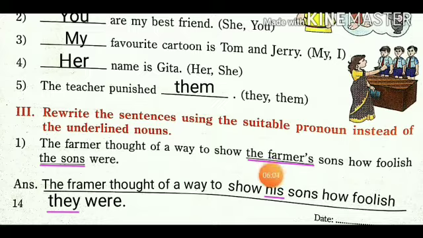Before that, I want to say briefly: he we use for boys and all men. She we use for girls and all females. It we use for non-living things, and for living things when we don't know the gender.